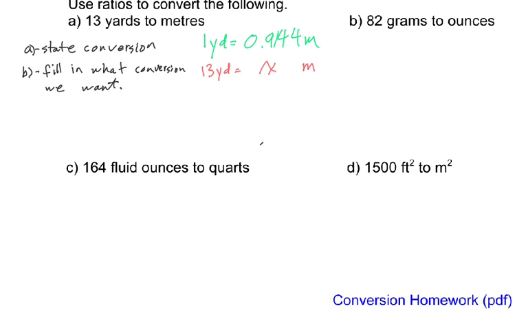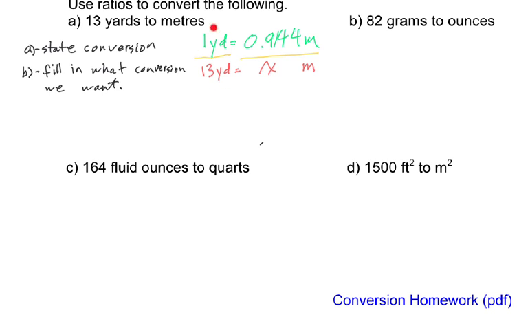Now what I want you to imagine is as if we were doing conversions using ratios. So imagine I had a nice line here. We've got a section that deals with yards and a section that deals with meters.